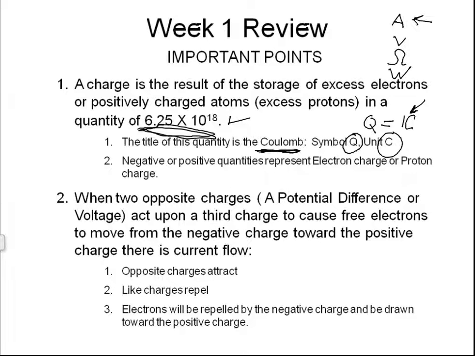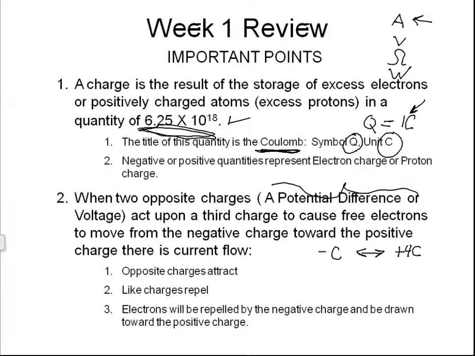All right, now the great thing about charges is that opposite charges, or a potential difference between charges, is voltage. When we're talking about potential difference, we can have a charge of -1C, and our other charge is a charge of +4C.